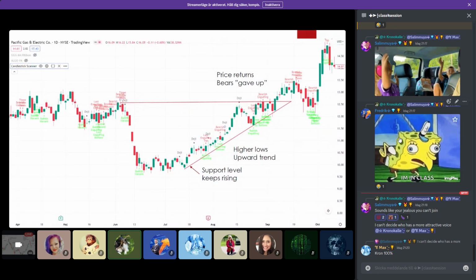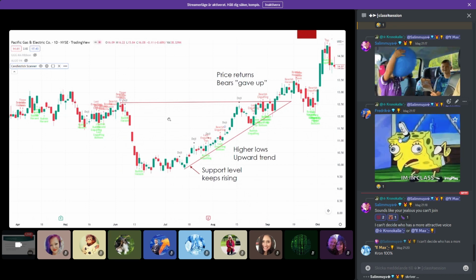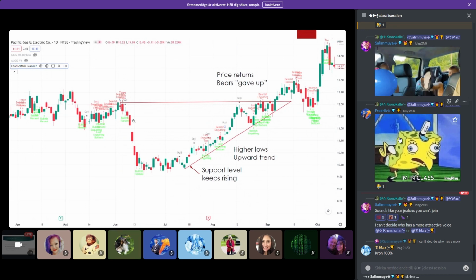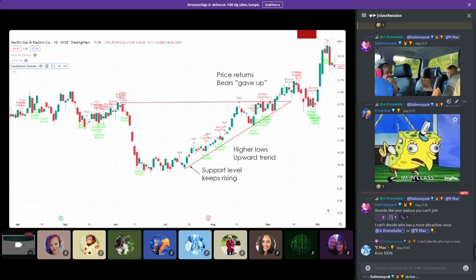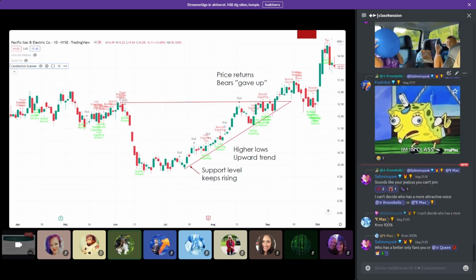If you follow the chart from the bottom line, we see that the bulls had their chance back. I don't know if you see my pointer, but they didn't break here. So the support level keeps rising. We got higher lows. Clearly, we have talked about trends in previous classes. We clearly see an upward trend. This is on the daily chart too.